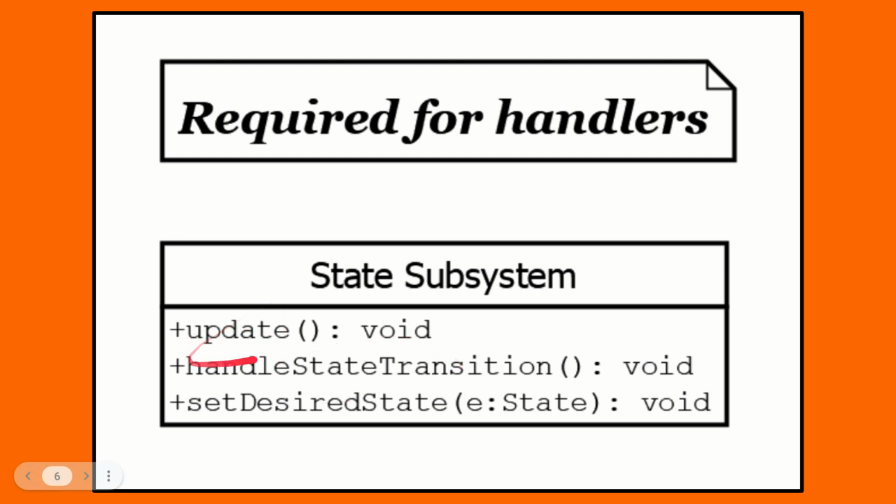And finally, we have update. Now, update, we're going to use kind of interchangeably with the periodic method, because the handler is going to extend the subsystem base instead of the subsystem itself. And the subsystem base class is provided by WPILib. You should be familiar with it. So the update method will be called in the periodic, which is why we can use it fairly interchangeably.